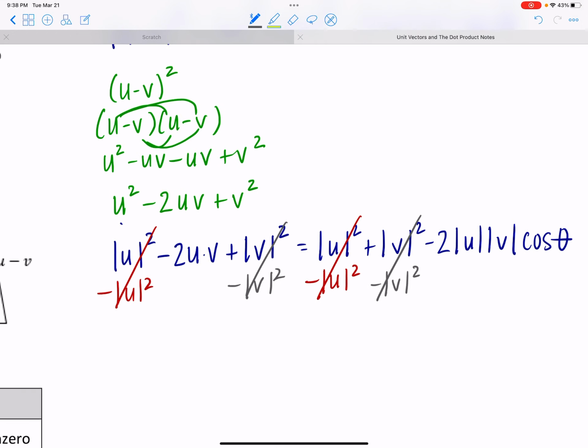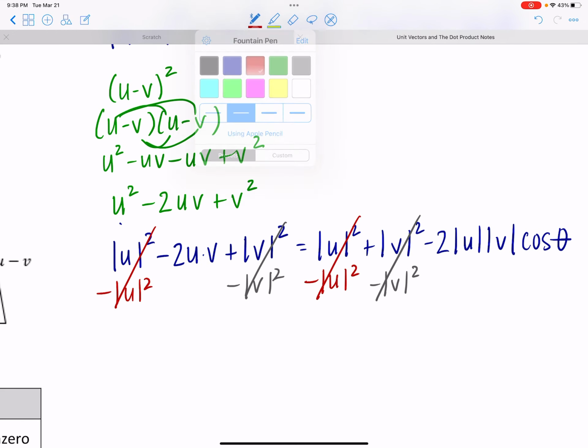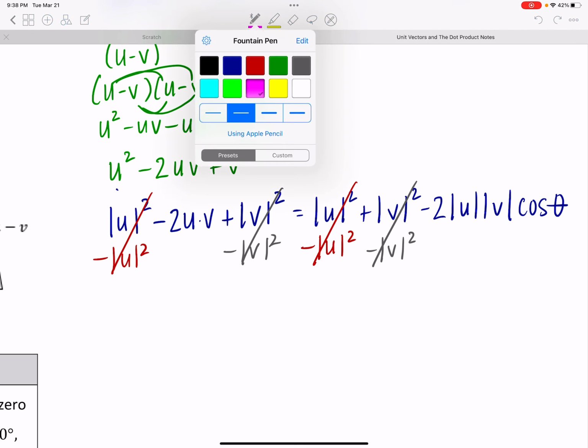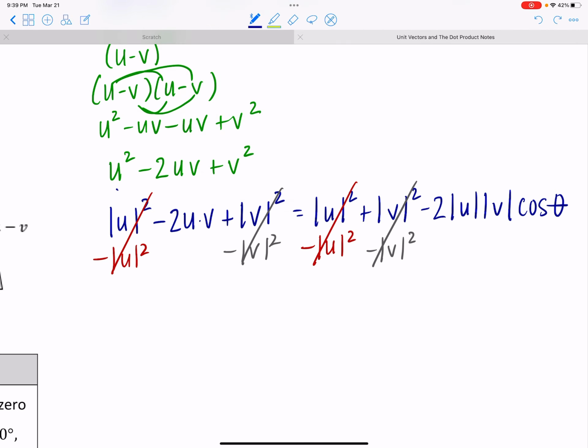And then here, I have a negative 2. Let's say I wanted to divide that negative 2 over, since that looks the same on both sides. Let me change it to another color. How about pink? Because maybe it's too many steps in one. Let me rewrite what I have right now. I have negative 2 u dot v equal to negative 2 magnitude of u, magnitude of v, cosine of theta.